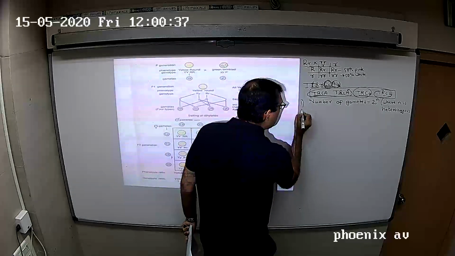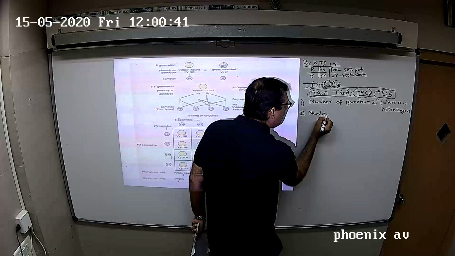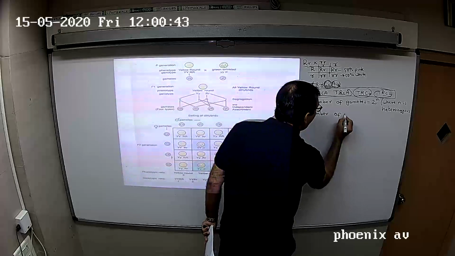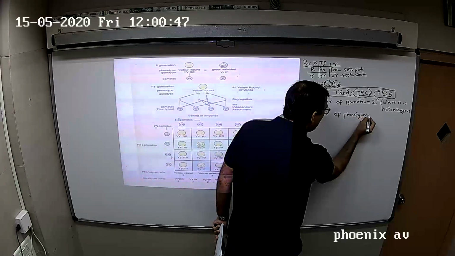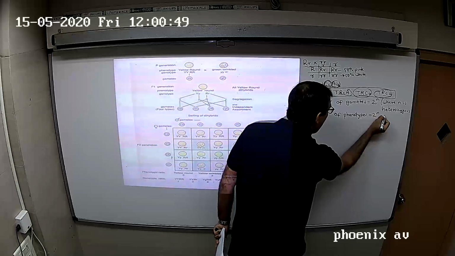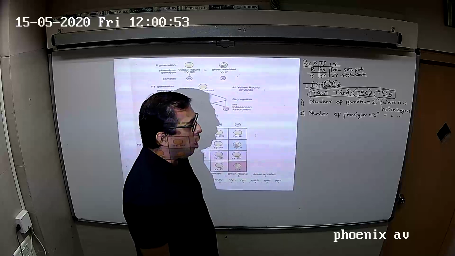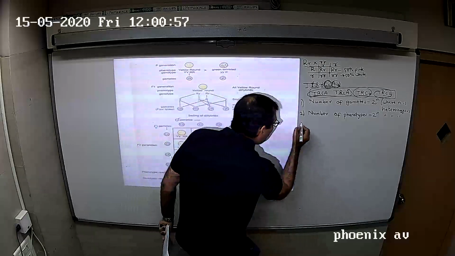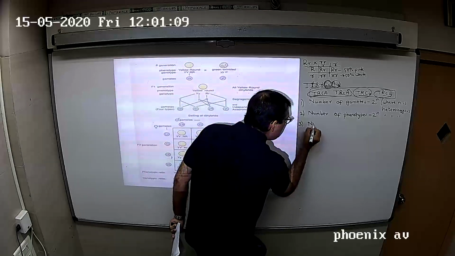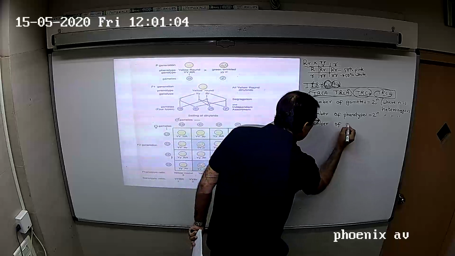Next, the number of phenotypes. The number of phenotypes is again 2 raised to n, where n is the number of heterozygous pairs. So how many phenotypes are possible? 2 raised to n. Then we have the number of genotypes.